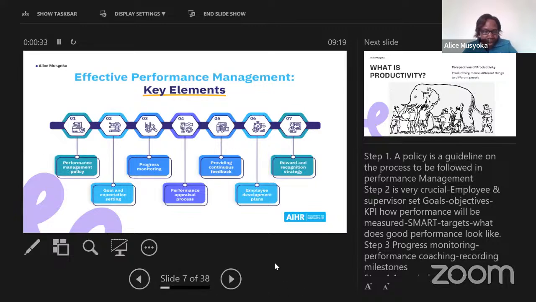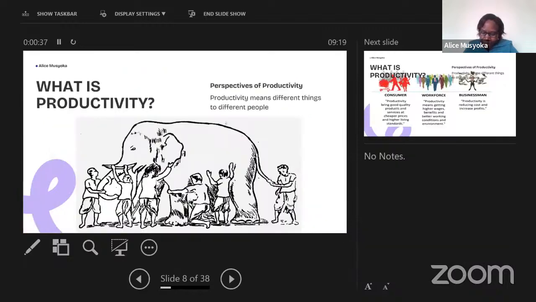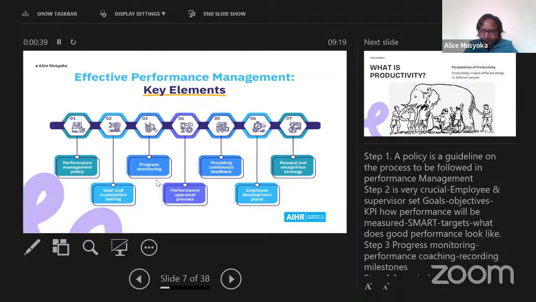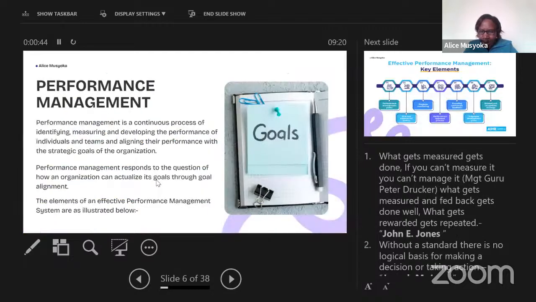I'll be able to tell you exactly who said what gets measured and gets rewarded gets done much better. That is John Jones. He said, what gets measured and fed back gets done well, and what gets rewarded gets repeated.